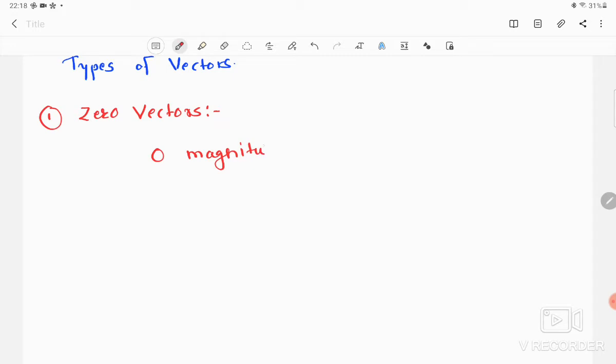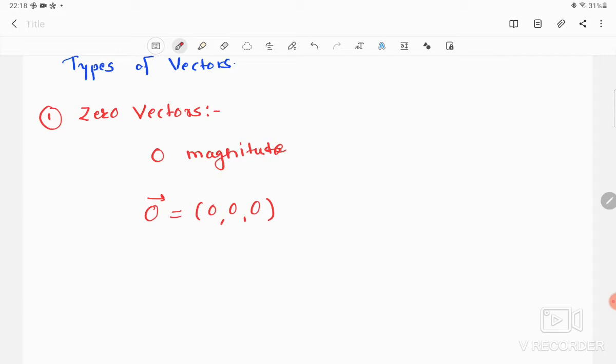The vector whose magnitude is 0 is called a zero vector, and it is always denoted by a cap on the head. Its components are 0, 0, 0.